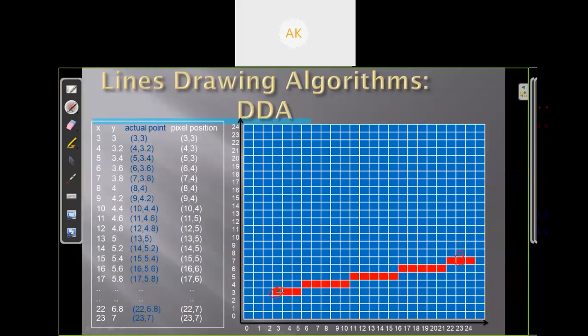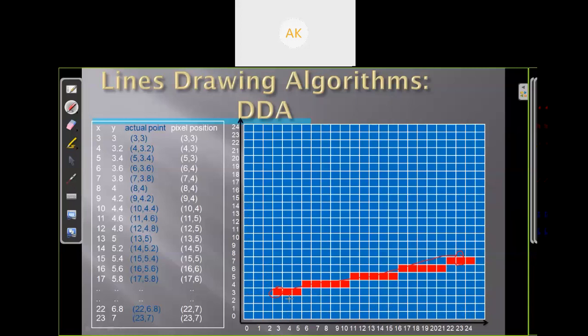You want to draw a line between these two points, so you have to find all the intermediate points between them. So we are applying the formula. First we have to find the value of m, the slope. If the slope m is less than 1, then you move x in unit intervals and find the corresponding y value. If m is greater than 1, you move in unit intervals in the y direction and find the corresponding value of x.